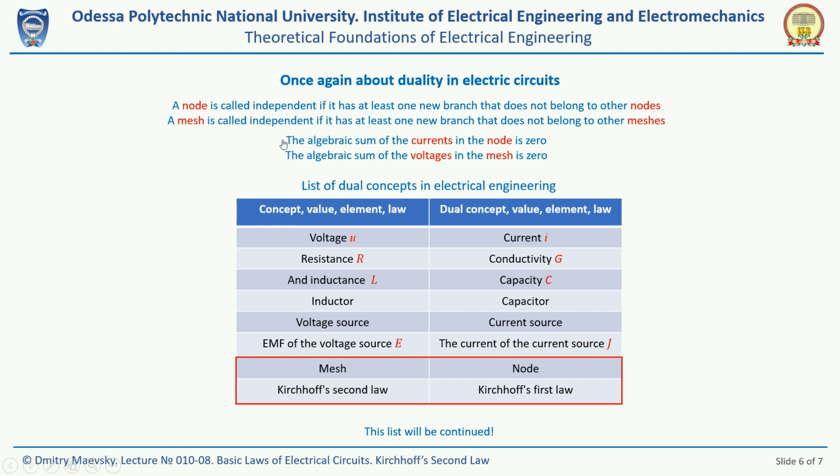So we can say that this formulation is dual to this formulation, but this is a formulation of the first Kirchhoff's law, and this is the second Kirchhoff's law. So we can see that Kirchhoff's first and second laws are dual laws. And this is not the end. This list will continue in our next lectures.